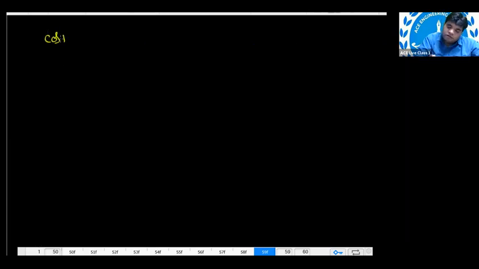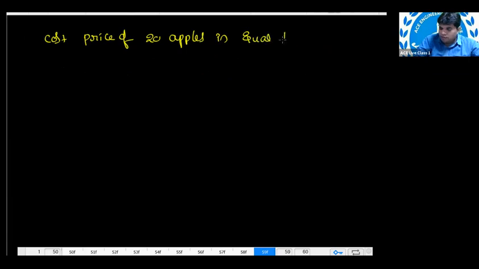Cost price of 20 apples is equal to the selling price of 25 apples.